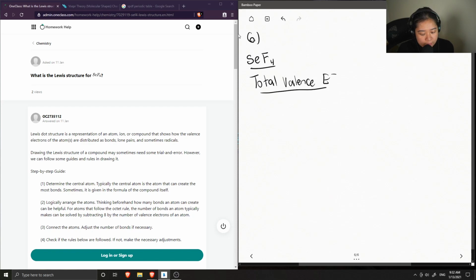So we have selenium, which has 6 valence electrons, and for fluorine, there are 7. You multiply this by 4 since there are 4 fluorine atoms. And 28 plus 6 is 34.